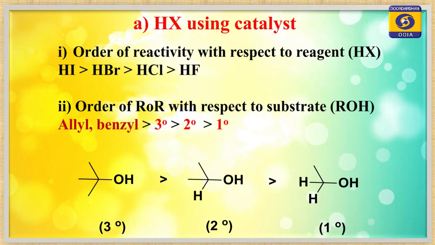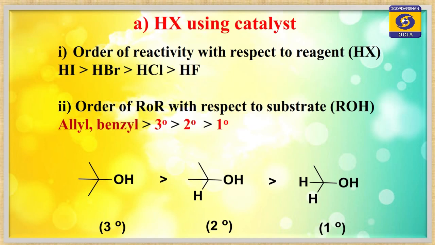The reactivity order is first benzyl or allyl, then tertiary alcohol, then secondary alcohol, then primary alcohol. You can see on the screen also 3 degree alcohol, 2 degree alcohol, 1 degree alcohol. But remember, students, removing the OH group from alcohol is not so easy, because OH group is not a good leaving group.